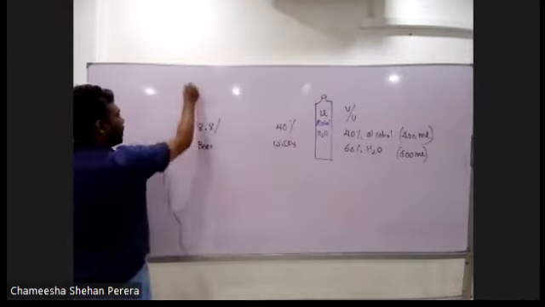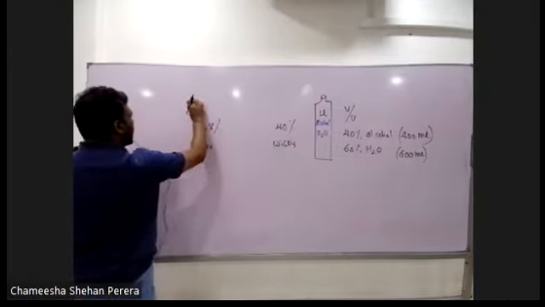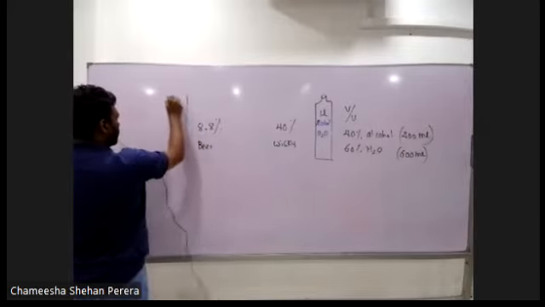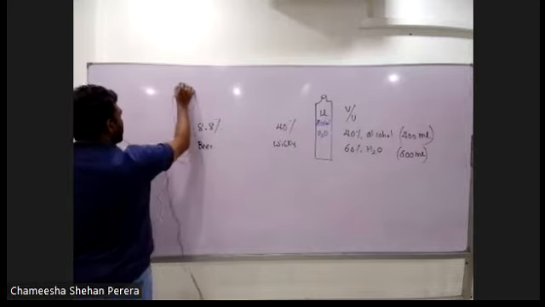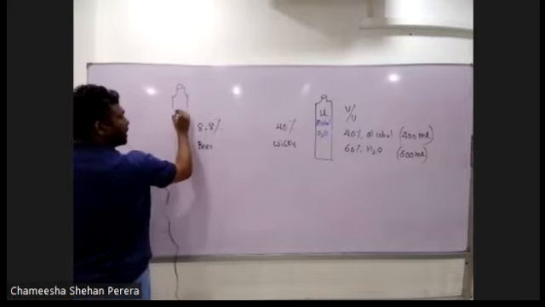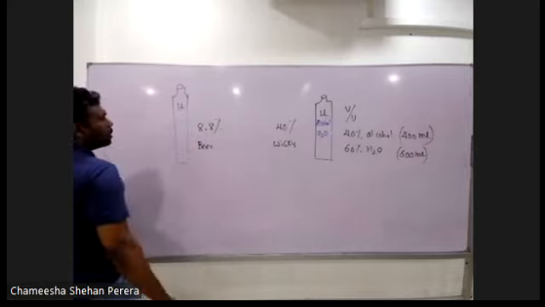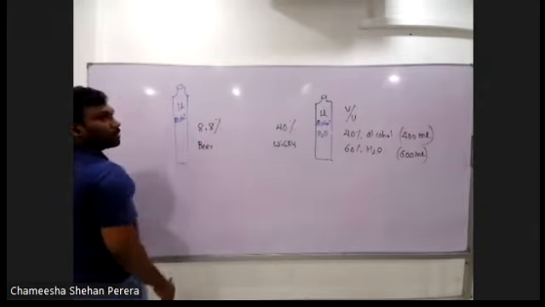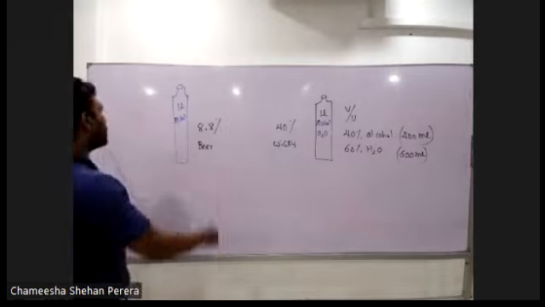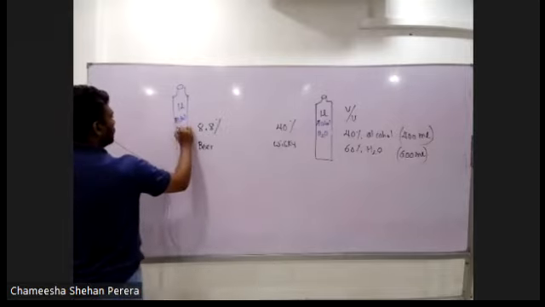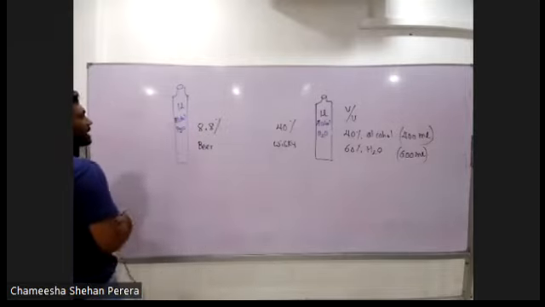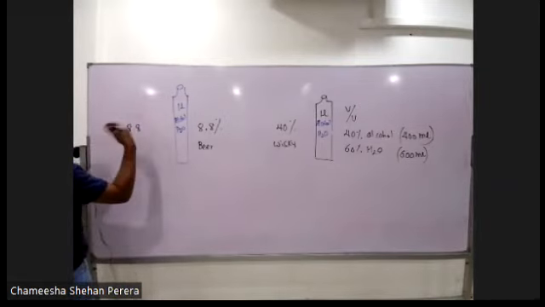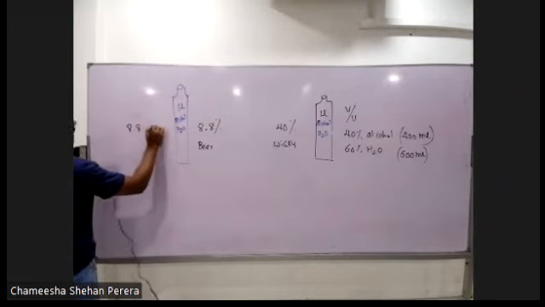Now come to this one. If you had the same size bottle, let's imagine a 1 liter bottle, this one also contains alcohol and then water as well. Here it says 8.8% is alcohol, volume basis.